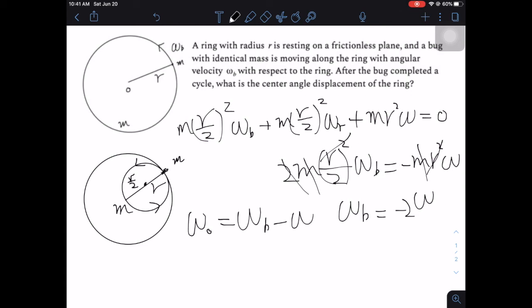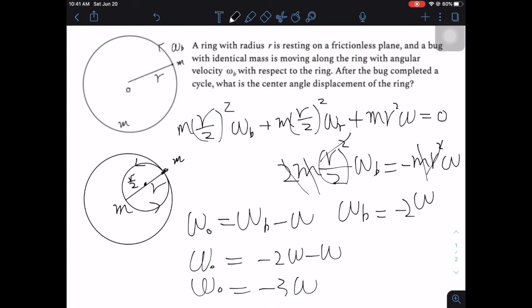Omega naught will be equal to the angular velocity of the bug according to the ring minus the velocity of the ring, because the ring is also moving in the opposite direction of the bug. So it will appear the bug is faster if you're looking from the perspective of the ring.